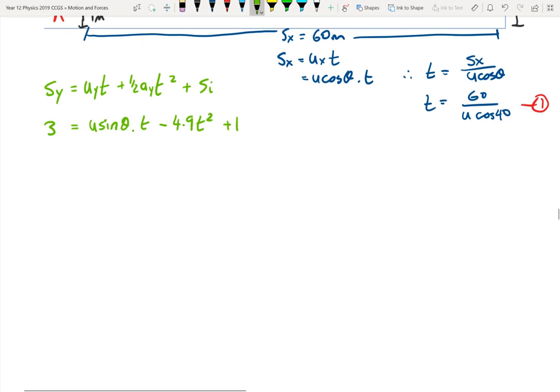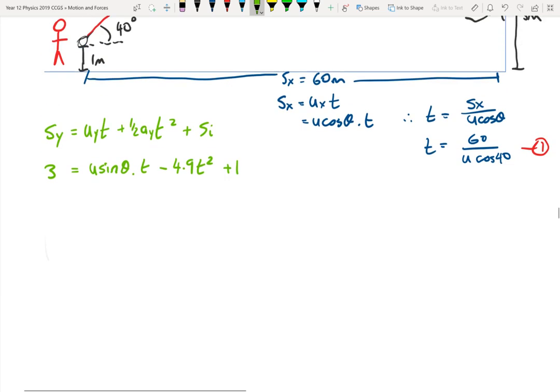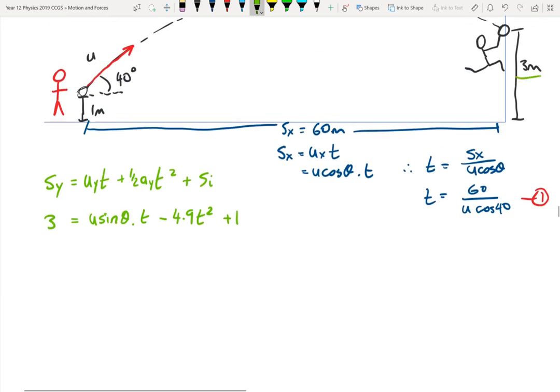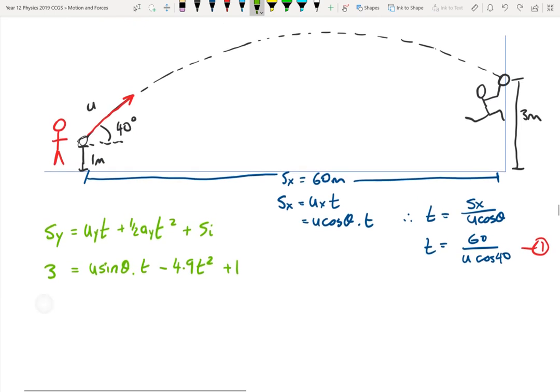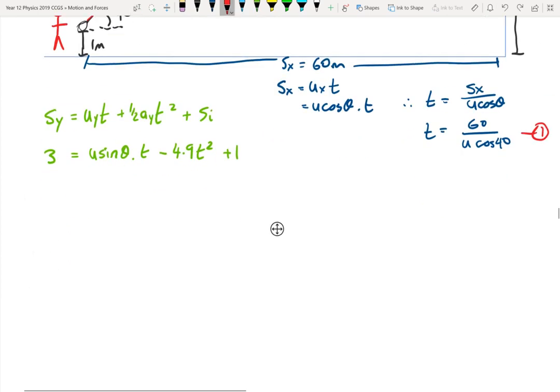Yeah? That's our equation for the vertical. At some point it's 3 meters above the ground, and it started off 1 meter. The other way to do this is to go, well, the displacement, it displaced itself up plus 2. Well, you can see if I take him across, the 1's going to disappear anyway, so it doesn't really matter. Okay, now that's our equation 2.